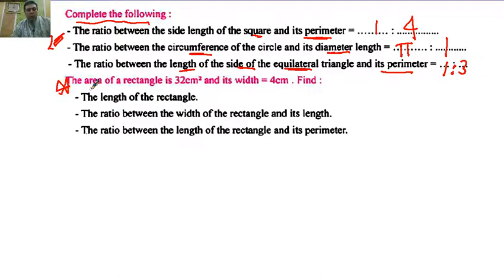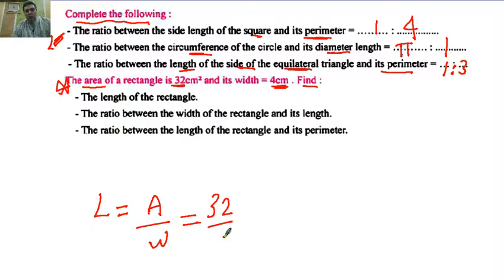Number 2: the area of a rectangle is 32 square centimeters and its width equals 4. To find the length, length equals area divided by width, which is 32 divided by 4 equals 8 centimeters.